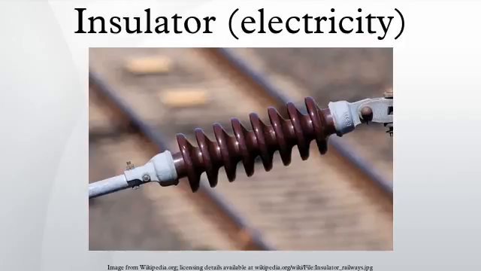Pin-type insulators are used for transmission and distribution of electric power at voltages up to 33 kV. Beyond operating voltage of 33 kV, the pin-type insulators become too bulky and hence uneconomical. Suspension insulator. For voltages greater than 33 kV, it is a usual practice to use suspension-type insulators shown in figure.